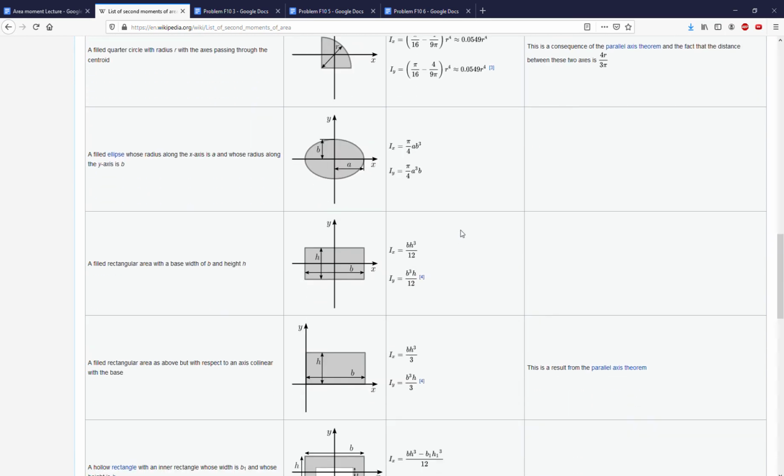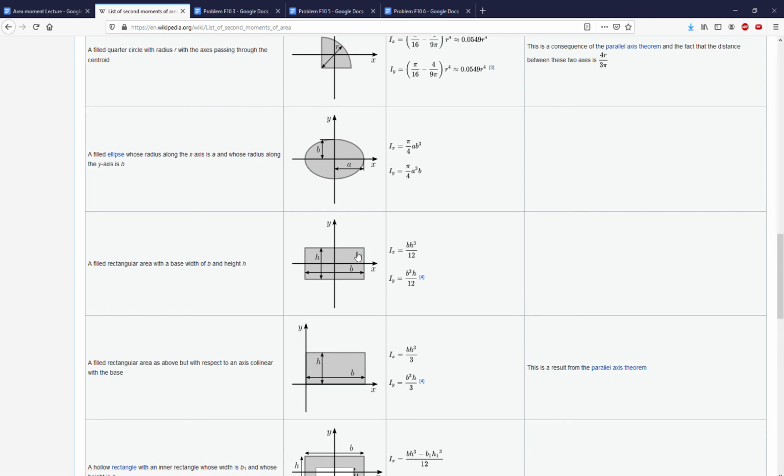So just one that I would like to point out. A beam situated about its centroid uses the formula 1/12 bh cubed, or b cubed h. So for the x component, b is the distance along the x direction, and h is the distance along the y direction.